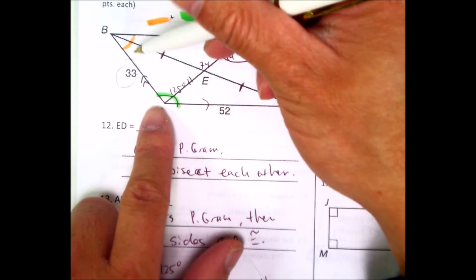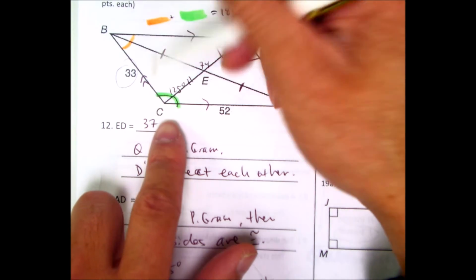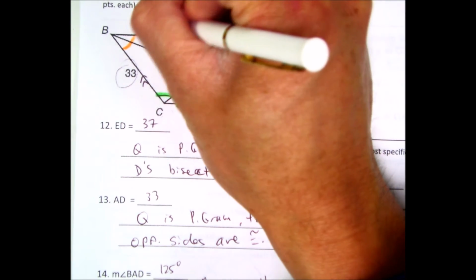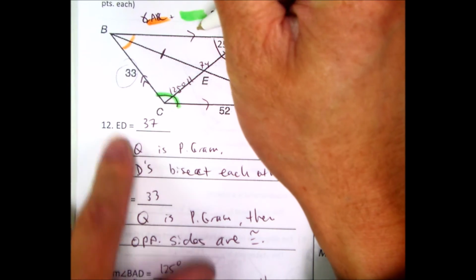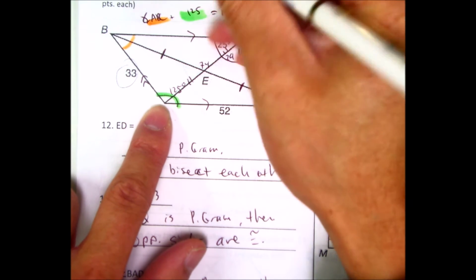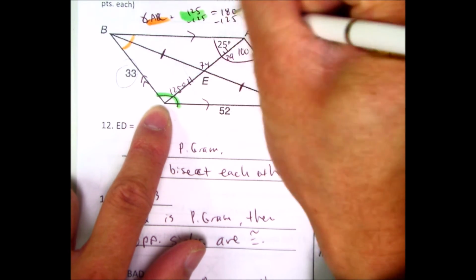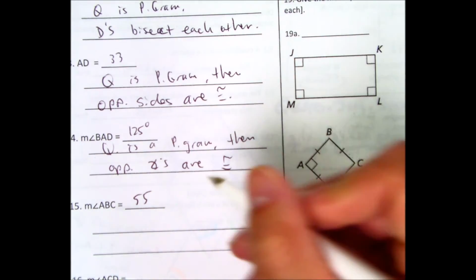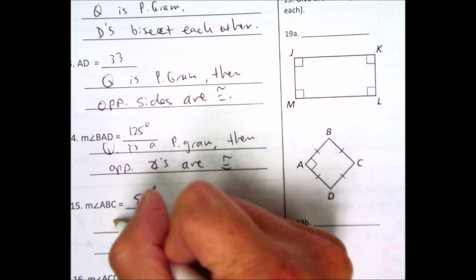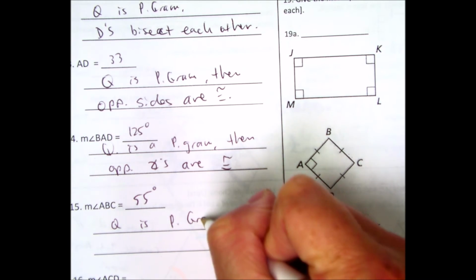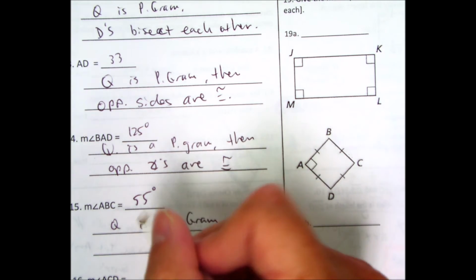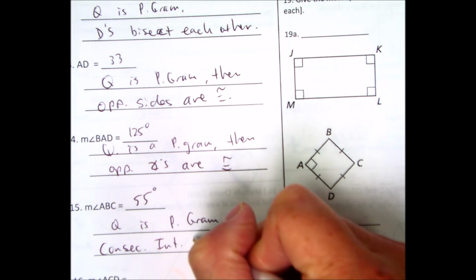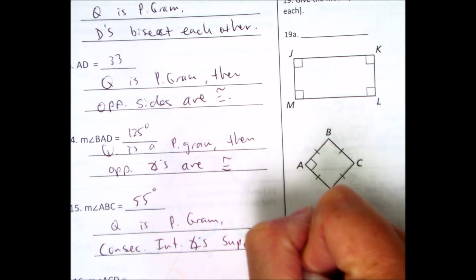These are interior, these are consecutive, they're on the same side of this transversal. So I'll call it angle ABC plus 125. You subtract 125 and you'll get 55. So the measure of angle ABC is 55. And the reason why: if the quadrilateral is a parallelogram, consecutive interior angles or consecutive angles are supplementary.